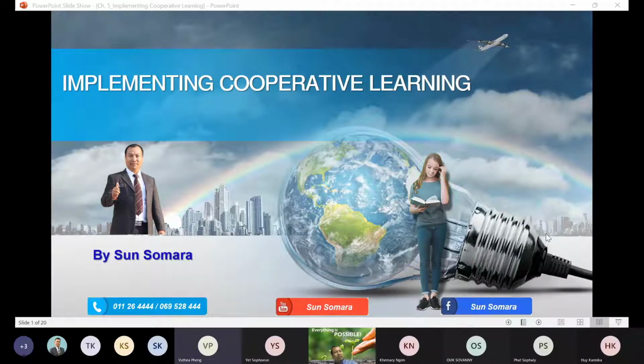And after discussion, I get one among the group members to present the answer or come and write down the answer on the board.